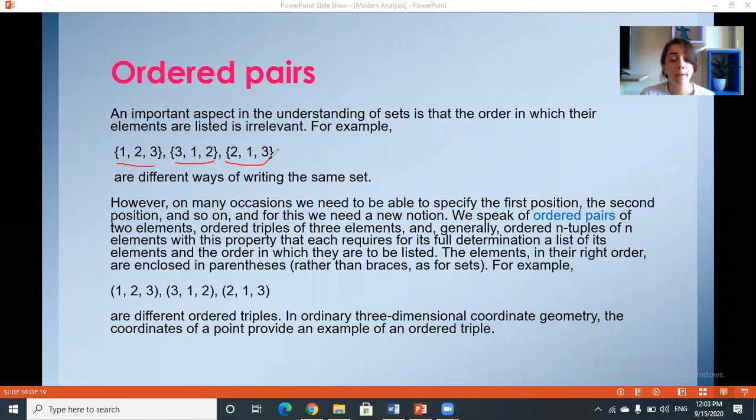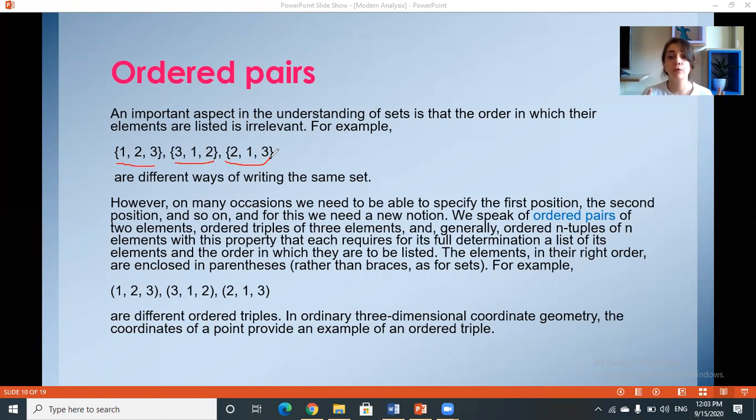However, on many occasions, we need to be able to specify the first position, the second position, and so on. And for this, we need a new notion.